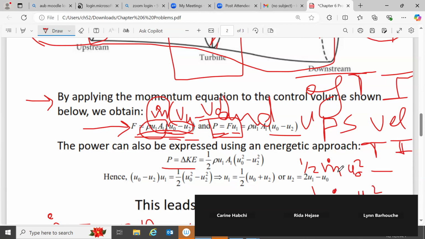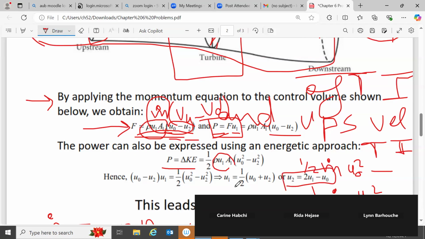Since m dot is constant, because of continuity of the flow, m dot 0 equals m dot 1 equals m dot 2, I can replace m dot by rho U1 A1. Now if I equate the two expressions of power, I can relate U2 to U1 and U0.